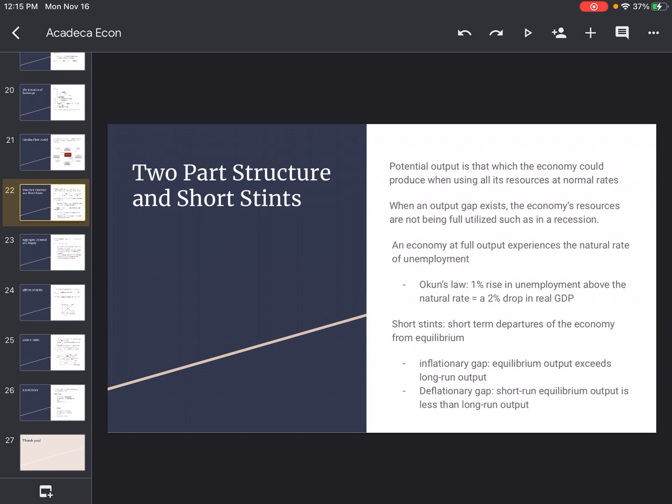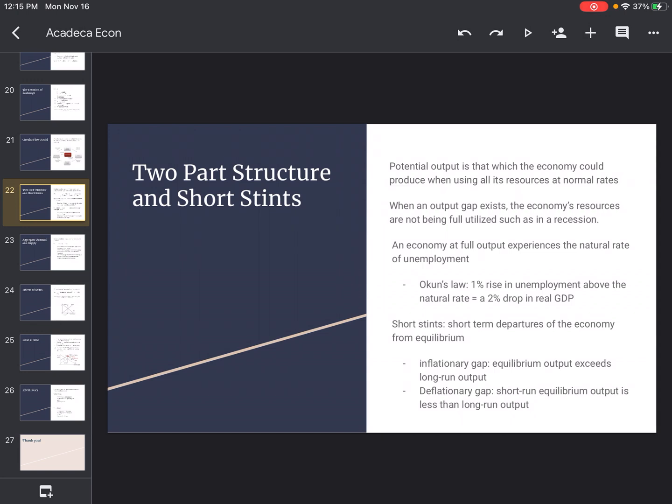When an output gap exists, the economy's resources are not being fully utilized, such as in a recession or a depression, or anything where the economy is not doing so hot. An economy at full output experiences the natural rate of unemployment, which follows Okun's law: a 1% rise in unemployment above the natural rate is equal to a 2% drop in real GDP.